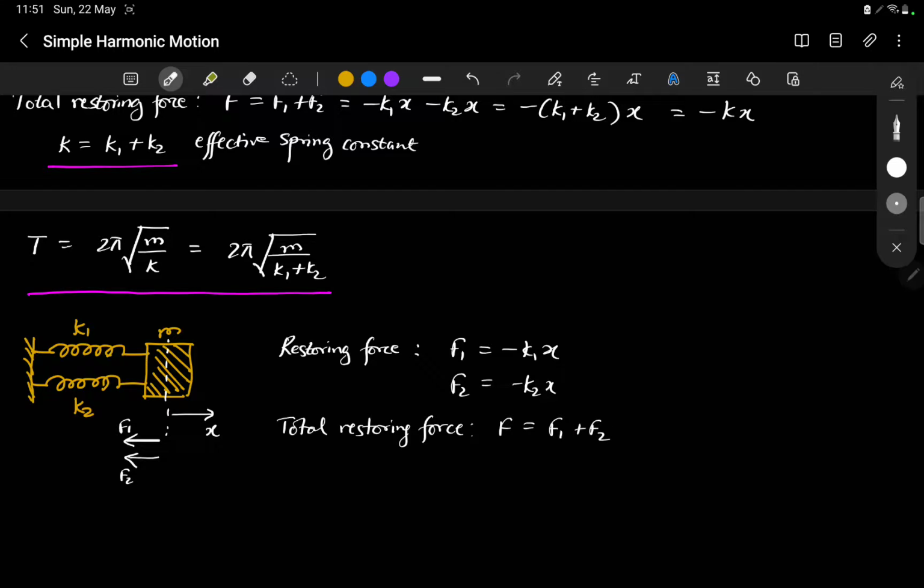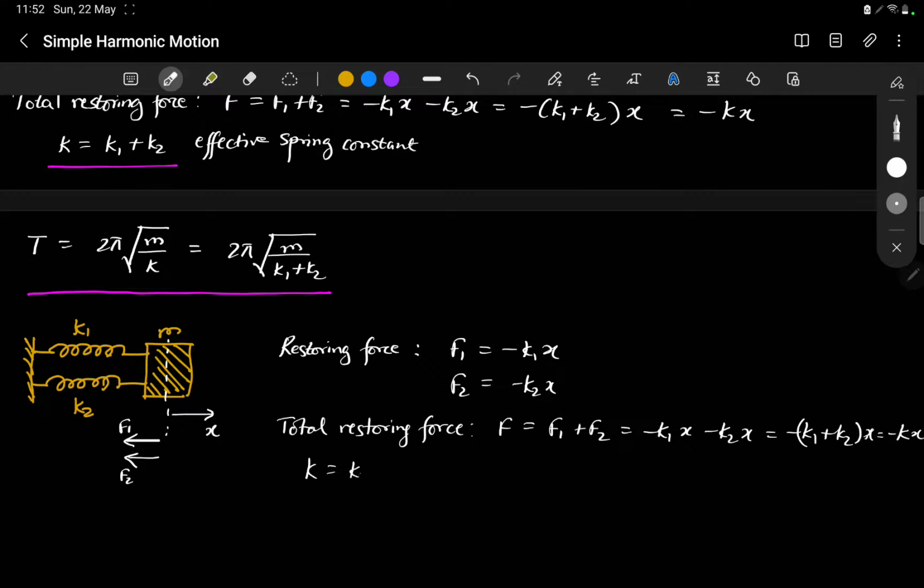The total restoring force on the block, from Hooke's law, is minus kx, k being the effective spring constant.